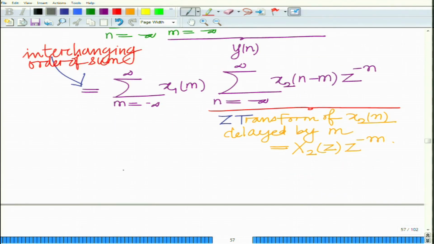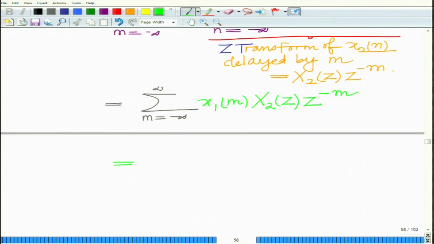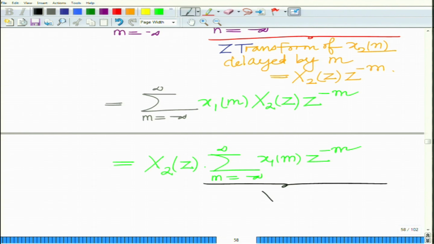Therefore, I can now write this as summation m equals minus infinity to infinity x1 m x2 z into z raised to minus m. Now, x2 z comes out common. So, this is x2 z summation m equals minus infinity to infinity x1 m into z raised to minus m, and this you can clearly see is x1 z.